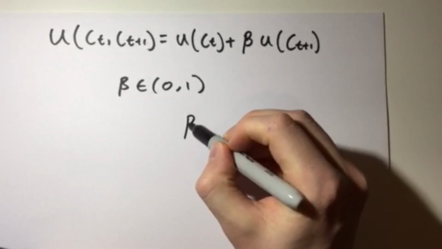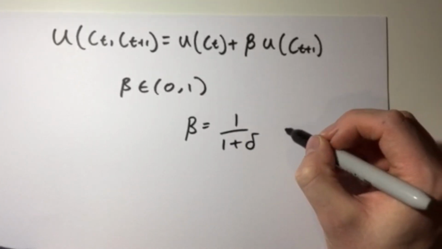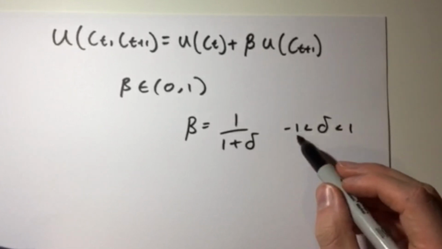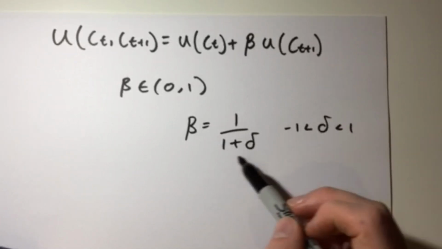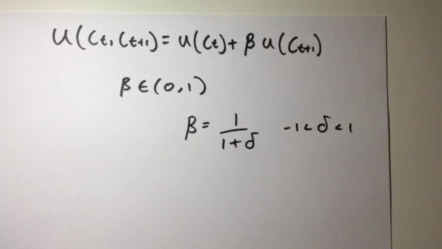More specifically, beta equals 1 over 1 plus delta, where delta is between -1 and 1. So as a result, beta ends up looking like this. So that's what our utility function is going to look like.